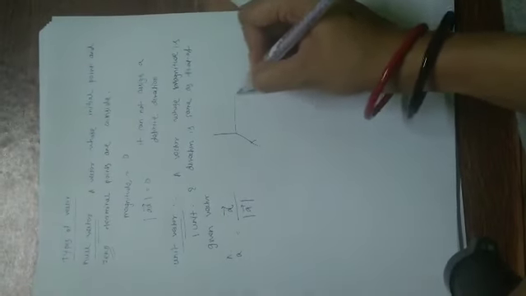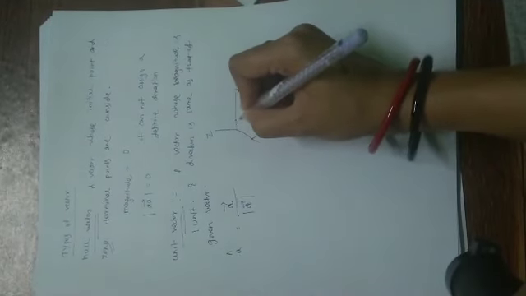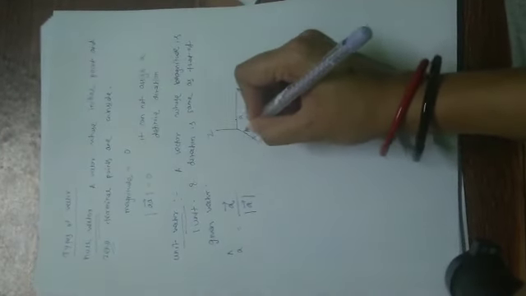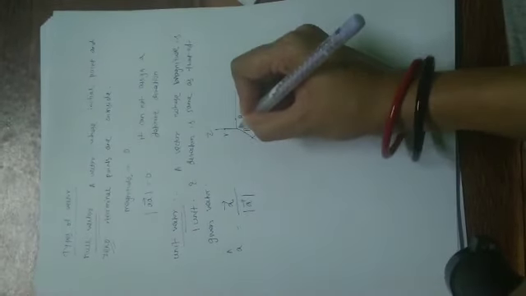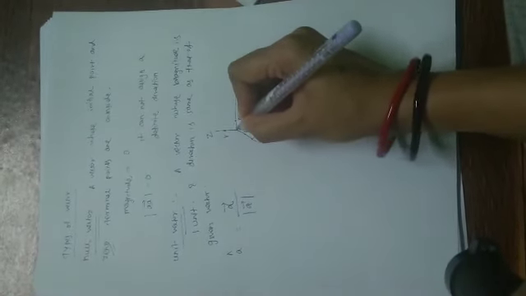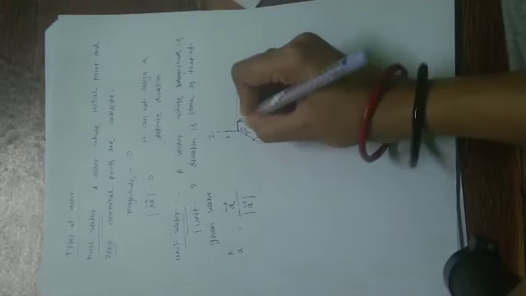That means when we discuss x, y and z, there are points P, Q and R, and O is the origin, and OP is a unit vector.